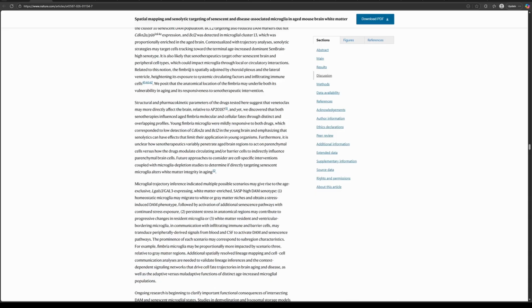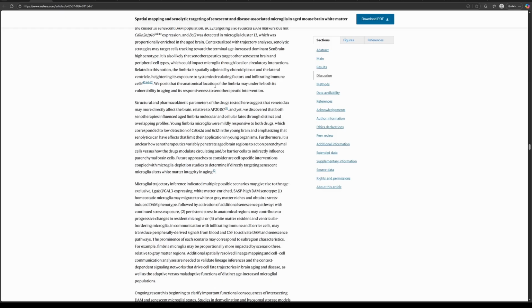Related to this, this area specifically that is having this increased upregulation of the bad phenotype is right next to a part of the body that is exposed to different factors that can infiltrate immune cells, such as the microglia.